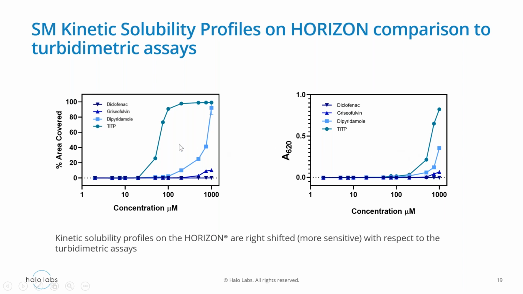And as you can see, the order that we perceive precipitation, the coming out of solution, is the same between both methodologies, but you can also see that the Horizon was much more sensitive.